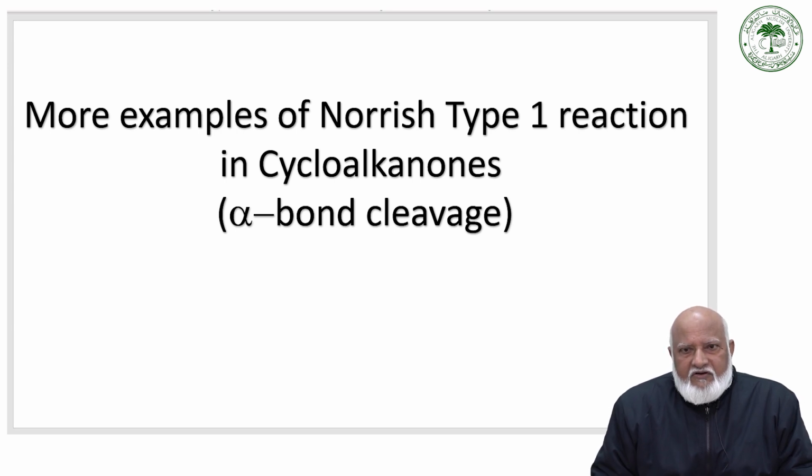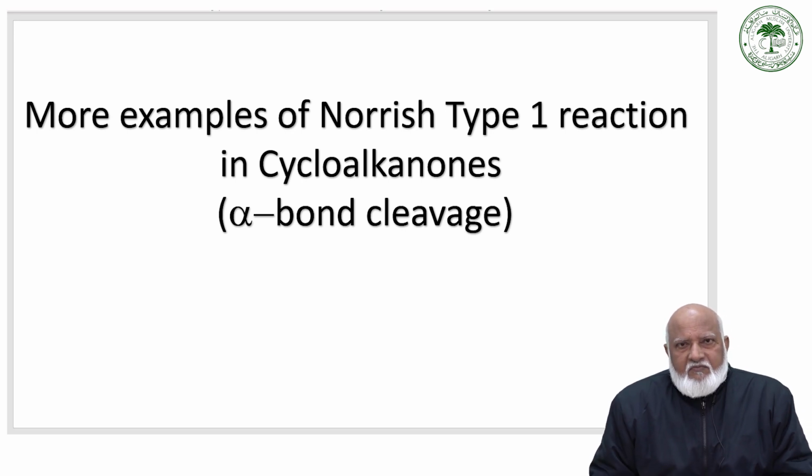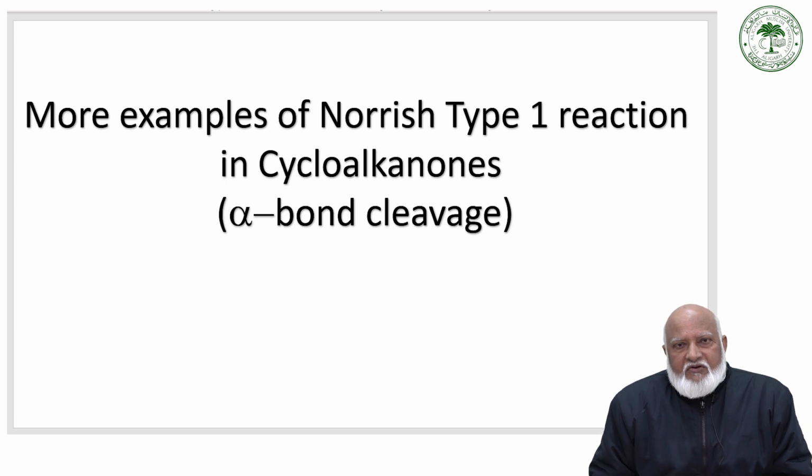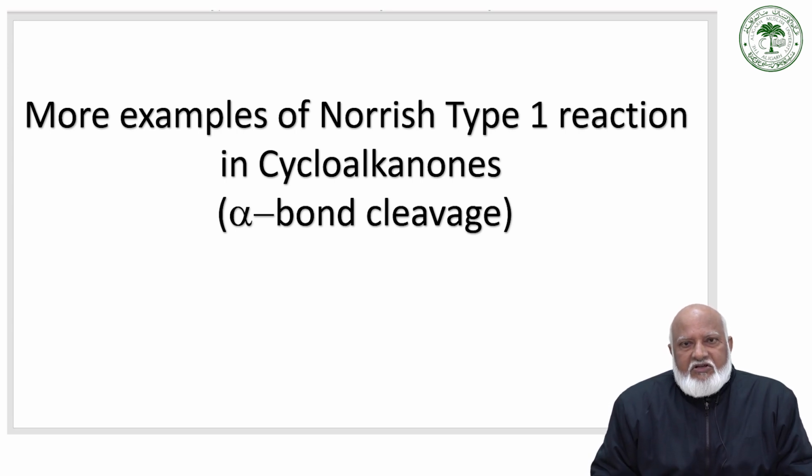Norrish type 1 reaction is nothing but alpha bond cleavage, and we have discussed a few examples last lecture, and in this lecture also we would like to look into a few more examples on Norrish type 1 reaction of alicyclic ketones. One of the most important aspects in these reactions is if the alpha carbon is substituted.